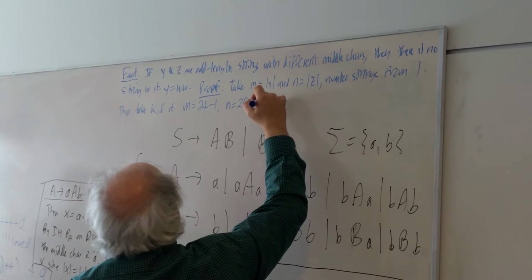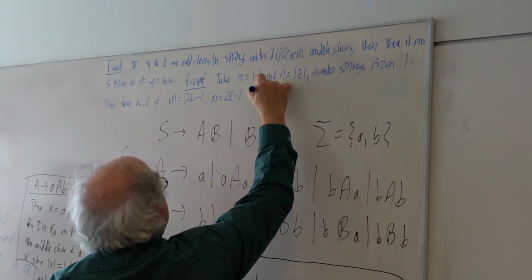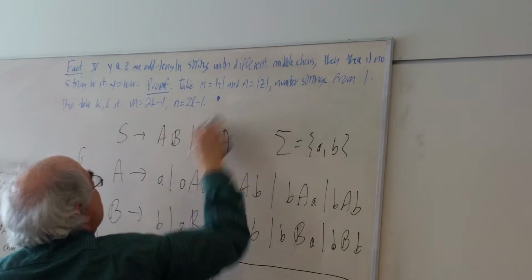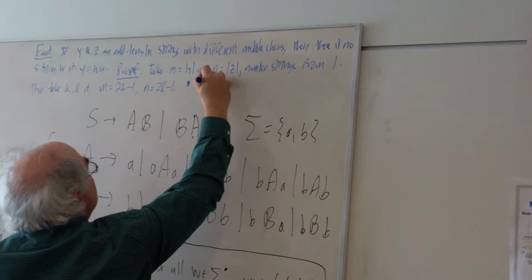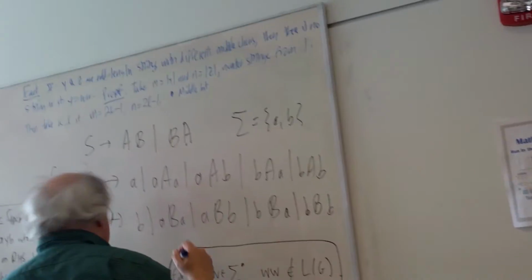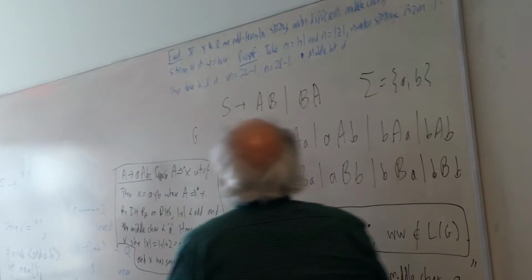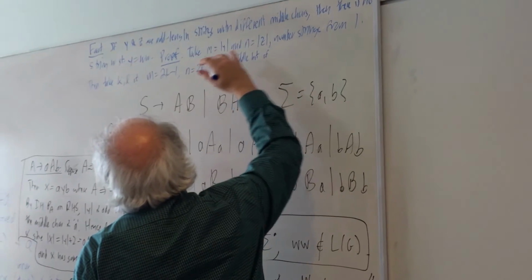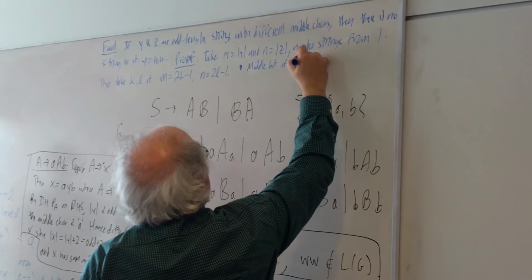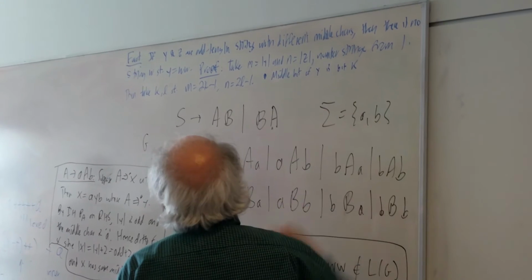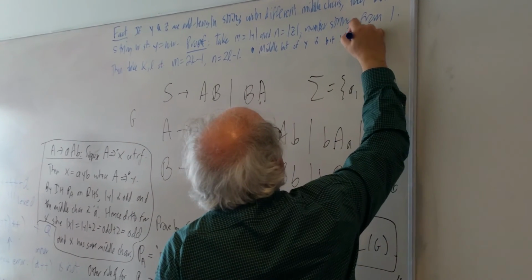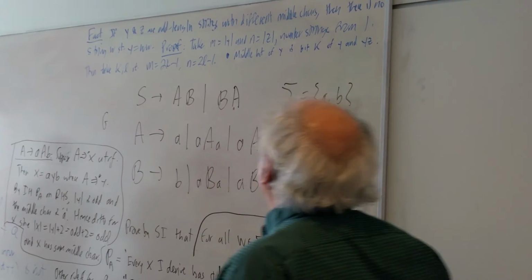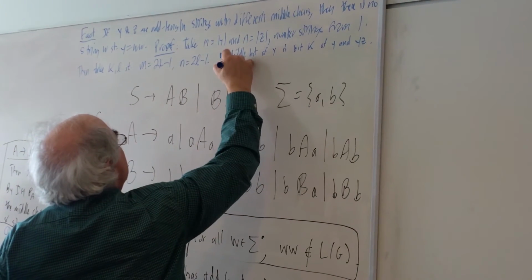Now, what we have is that the middle bit of Y is bit K of YZ.